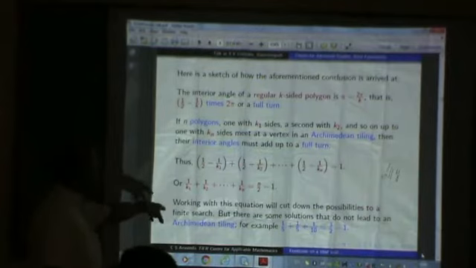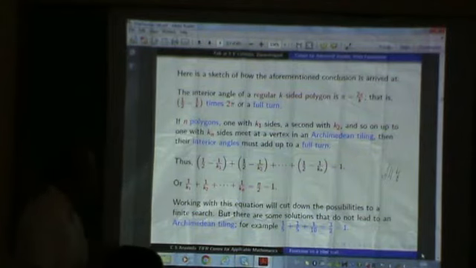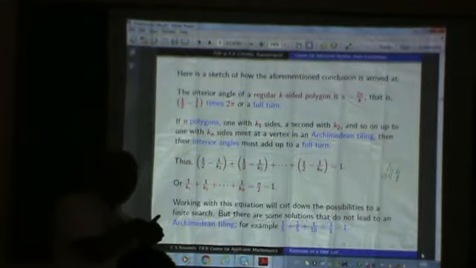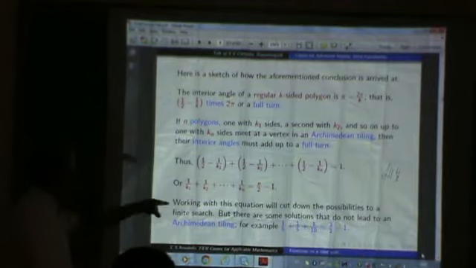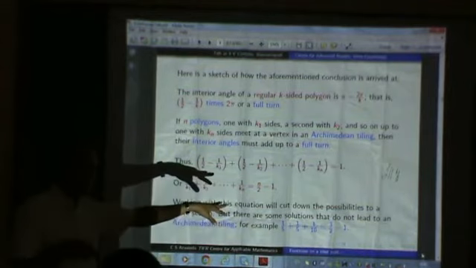This constraint cuts down the possibilities to some 21 only. And I mentioned that not all possibilities can be realized. So I am giving you one example of a possibility: 2 pentagons and 1 decagon.